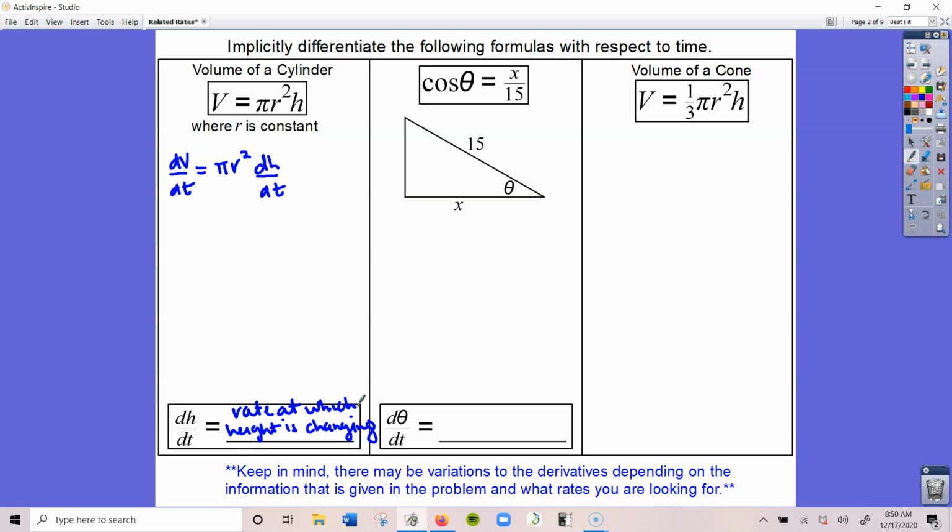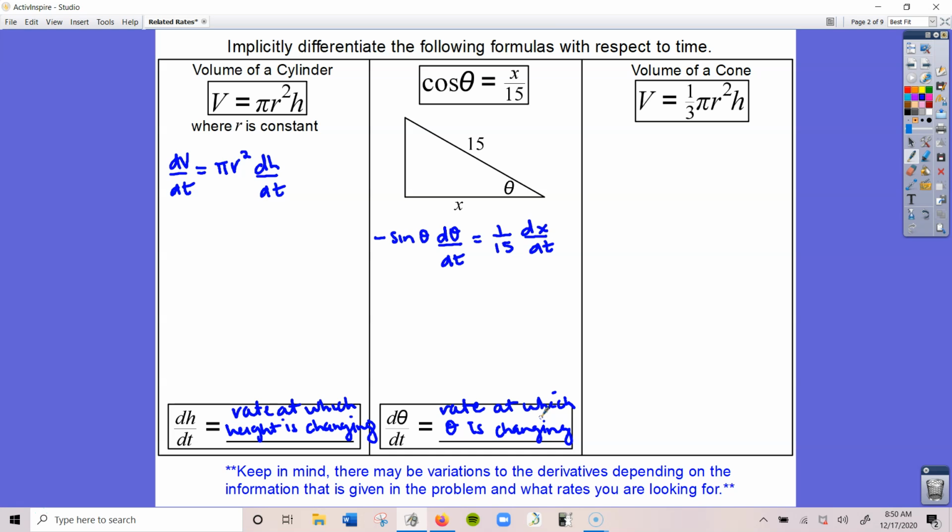If I were to find the derivative, it would be negative sine theta times d theta dt, equal to 1 over 15 dx dt, where d theta dt is the rate at which the angle is changing. And we've already established what dx dt would be from the previous slide, like dA dt and dB dt. It represents the rate at which the side is changing.